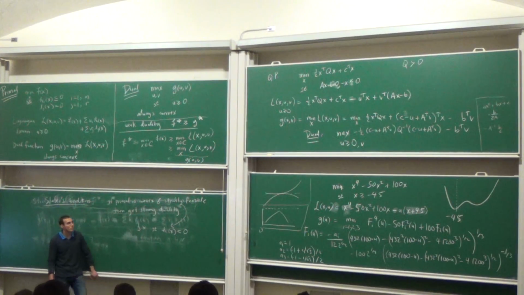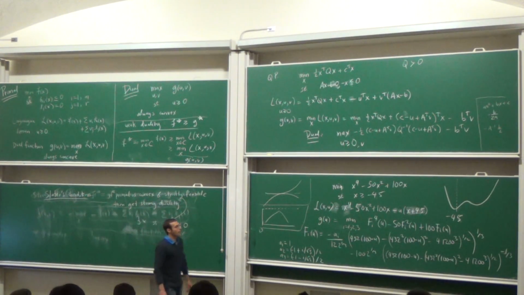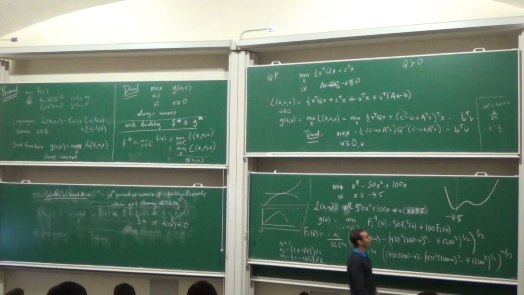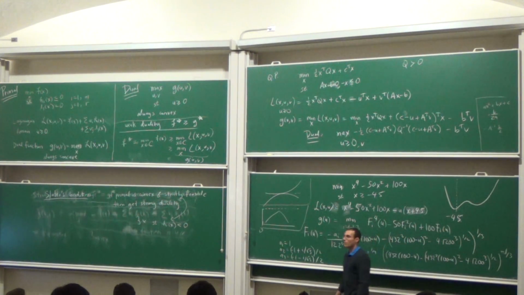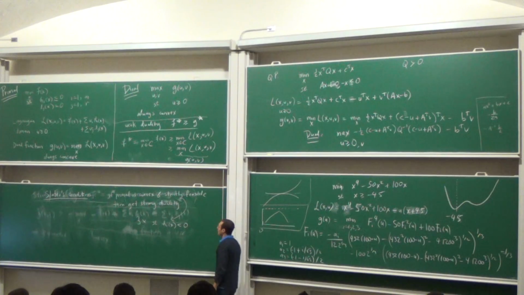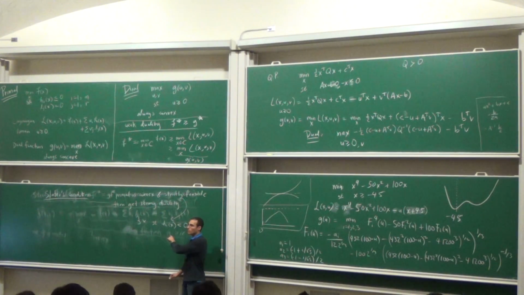So to repeat the question, if people didn't quite catch it, Jersey asked, what if I made the constraint so that to the right of it, the function was convex on the feasible set? That doesn't meet Slater's condition, first of all, because Slater's condition says that the function is convex and there's a strictly feasible point.